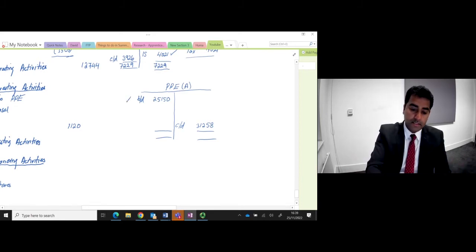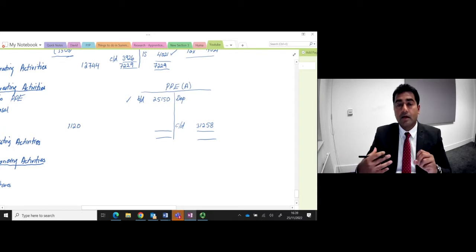You can see that the asset opening balance is recorded here. So I'm going to record the depreciation on the credit side, because depreciation reduces the value of the asset. And an asset is usually a debit balance, especially property, plant and equipment. So the depreciation related to the property, plant and equipment will be a credit balance.